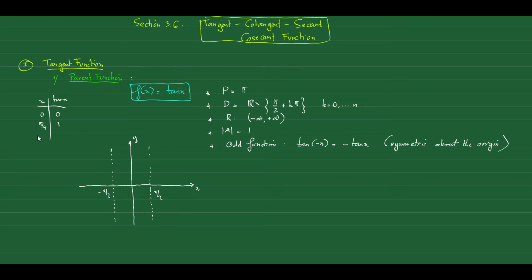And tangent of negative pi over 4 would be negative 1. So pi over 4 will be around right here. The amplitude is 1, so it will be right over here, 1 right here. Negative pi over 4 right here, and negative 1 right over here.